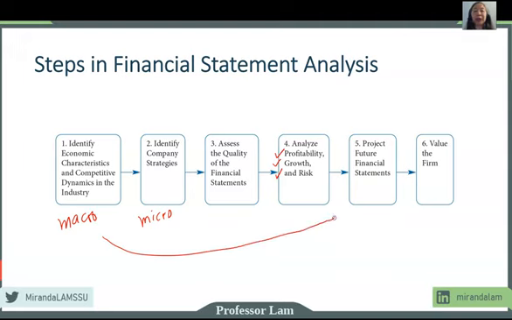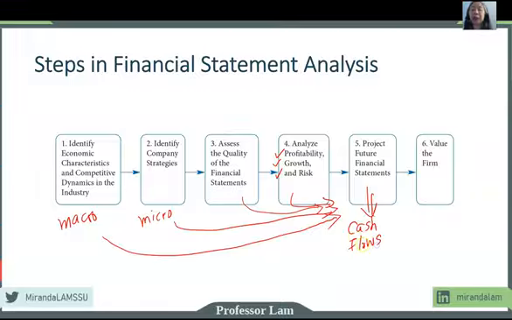So both economic conditions, firm strategy, and then we're going to look at the history of the firm, and we're going to put all this into projecting what the future is like. So when we say project future financial statements, what is important is what the cash flow will be like for the firm in the future. And based on that, we'll estimate the value of the firm.